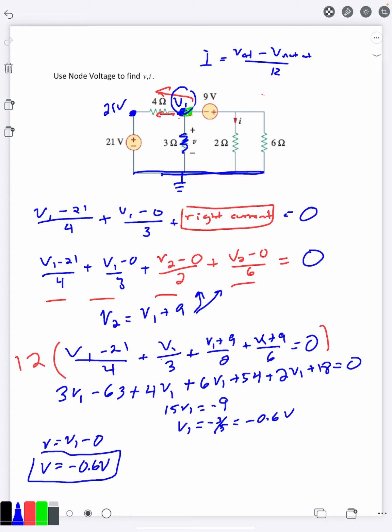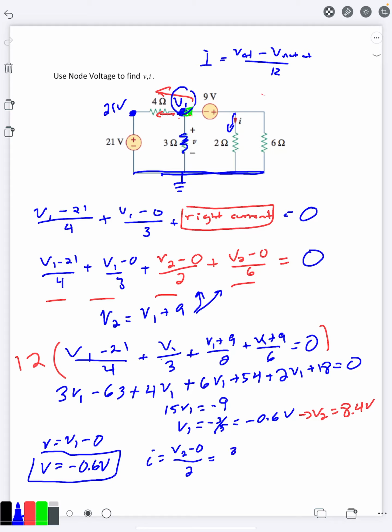And for my current here, using Ohm's law, it's the voltage drop divided by R. The voltage on the positive side there is actually V2, minus the voltage on the bottom side, which is ground, over the R, which is 2. Now, what is V2? We know V1 is negative 0.6 volts, and we know V2 is that plus 9, so it's going to be 8.4 volts.